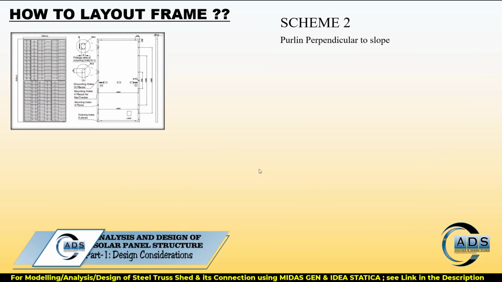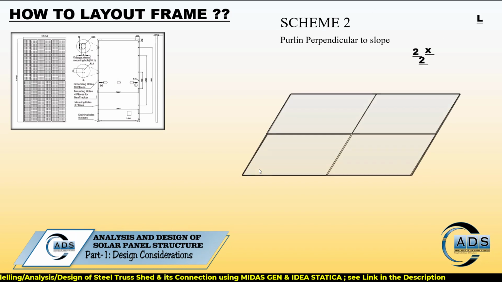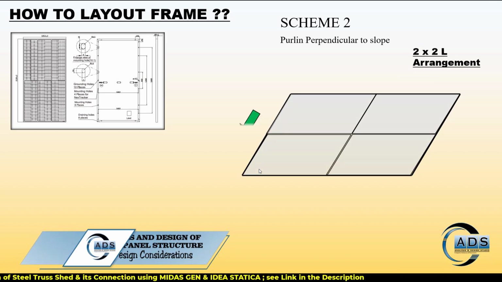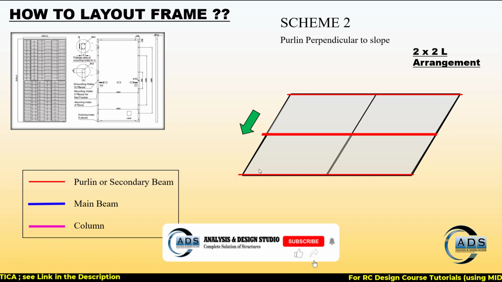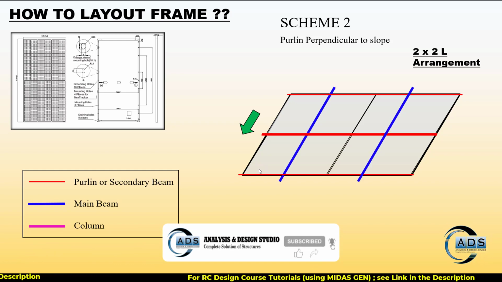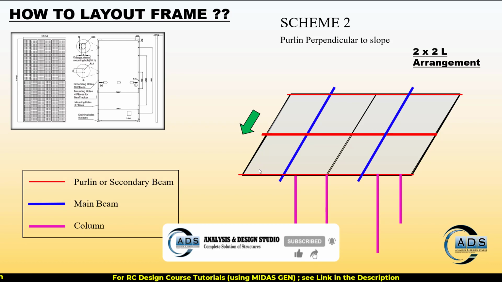Now the second scheme is purlin perpendicular to the slope. The same arrangement, but the purlins running perpendicular now, and these are the main beams and the columns.